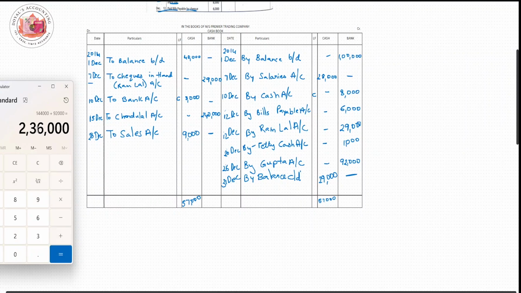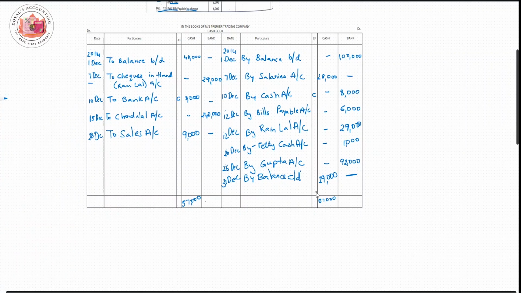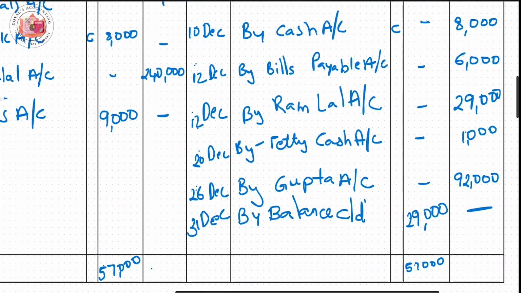That gives me a balance of 2,36,000, and this side is 2,69,000. So the debit side balance is more than the credit side.